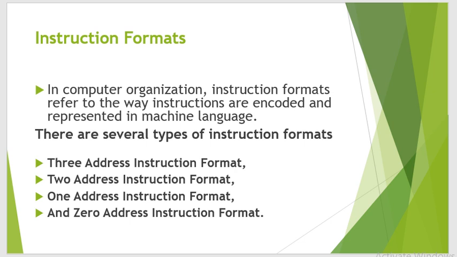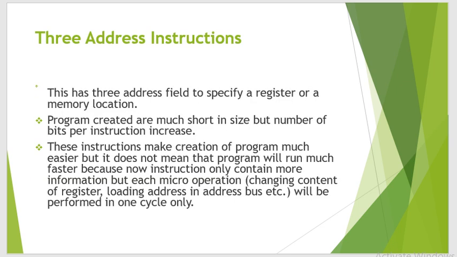The first one is the three address instruction format, the second one is the two address instruction format, then the one address instruction format and the zero address instruction format. The three address instruction has three address fields to specify a register or memory location.